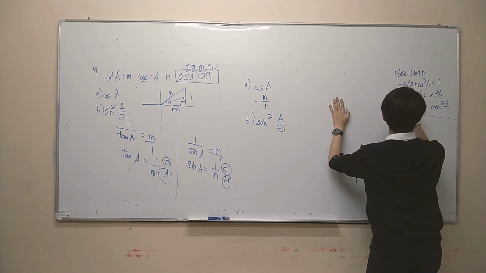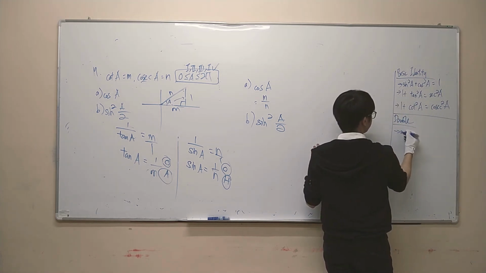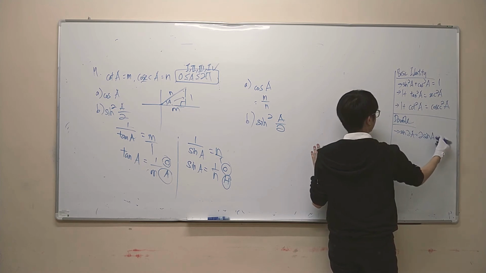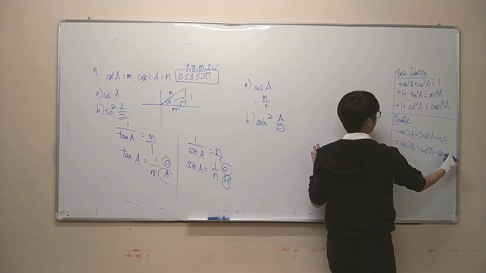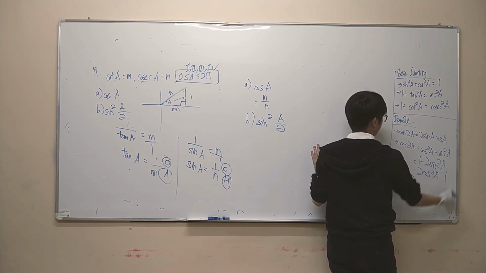And then double angle. Sine 2A is 2 sine A cos A. And then cos 2A has 3. So it's cos square minus sine square, or 1 minus 2 sine square, or 2 cos square minus 1.